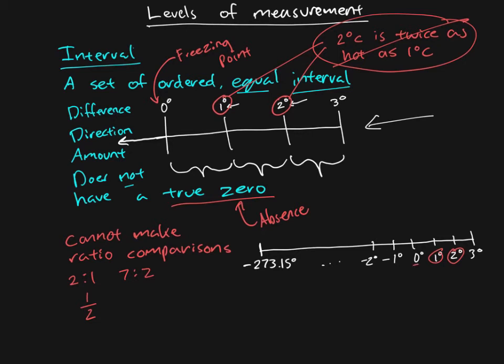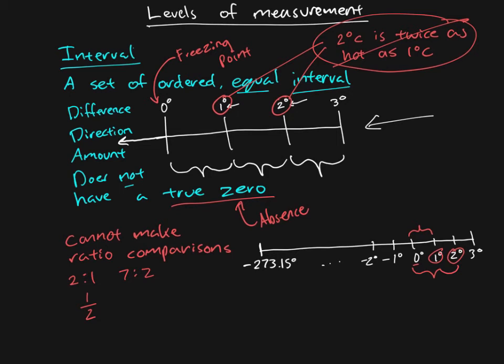We think we're asking whether the distance from 0 to 2 degrees is twice the distance from 0 to 1. And it looks like the answer when we phrase it in those terms is yes. We're making a comparison in terms of ratio, and it seems valid.